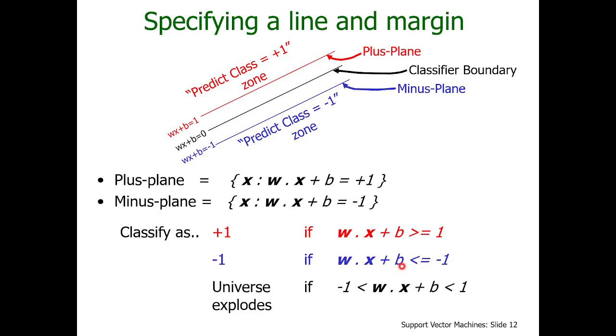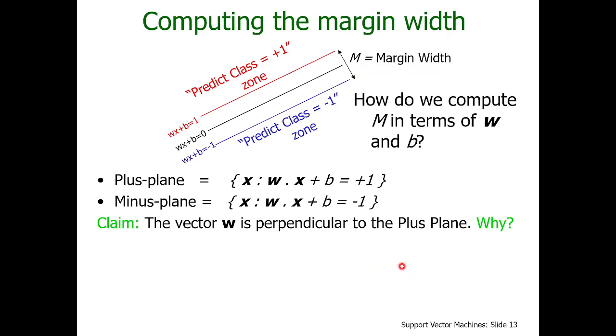So this is the classifier using the support vector machine, based on the margin or the plane you have identified, for classifying a number of samples which belong either to your +1 class or to your -1 class. Is it okay?